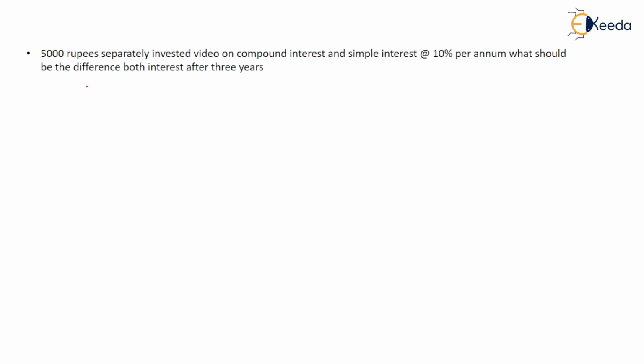So here is a question: if rupees 5,000 is invested on compound interest and simple interest at 10% per annum, what should be the difference between both of them for 3 years? I told you the formula for 3 years, that is compound interest minus simple interest is P r square (300 plus r) upon 100 cube. You can simply find out, all the values are in front of you. 5,000 rupees is there, rate of interest is what? 10%.